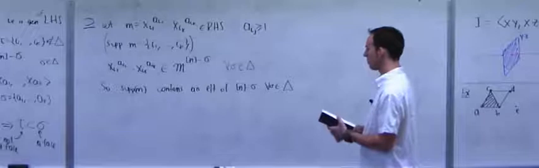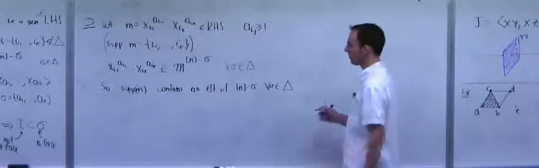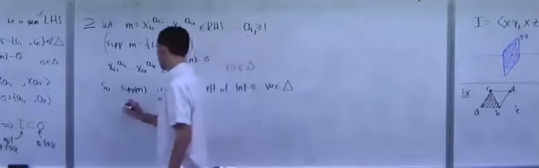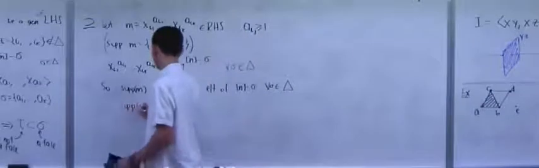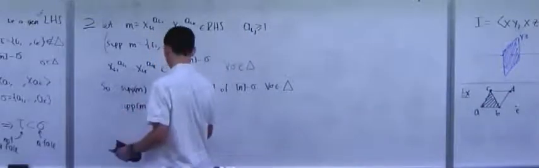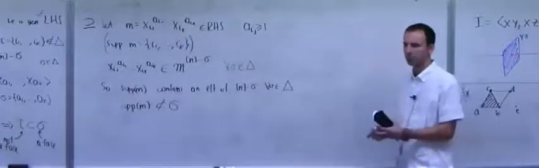So this is exactly equivalent to saying that the support of M is not a subset of sigma. Okay? You're not a subset of sigma if and only if you contain something that is not in sigma.